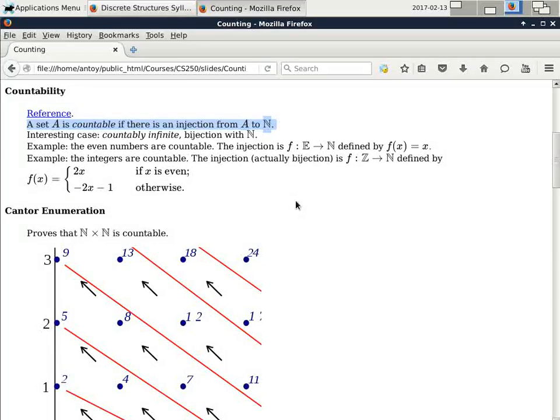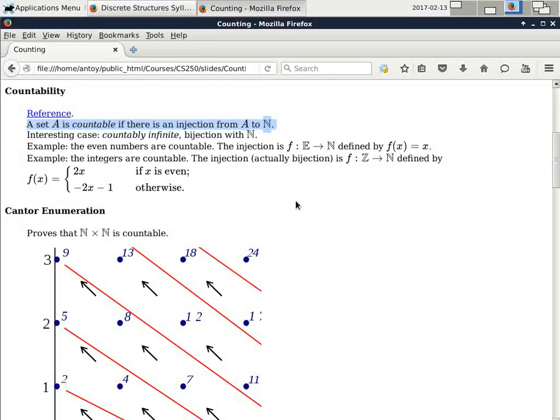So I think I blew the example, right? I have to map it to the natural numbers. So, we have to find a better one. All right? So, negative 2, negative 1, 0, 1, 2, 3.